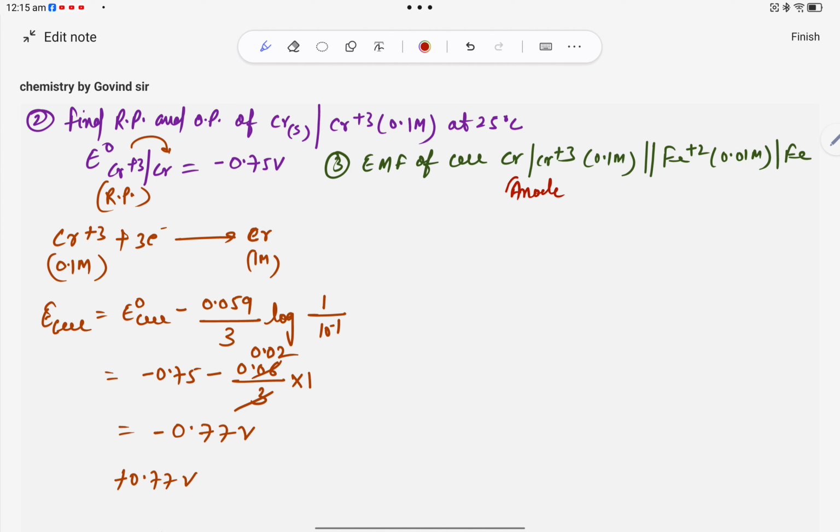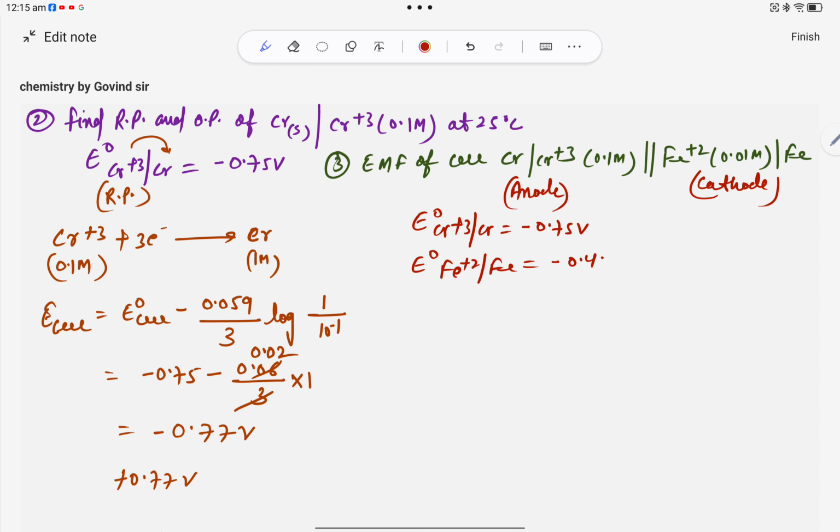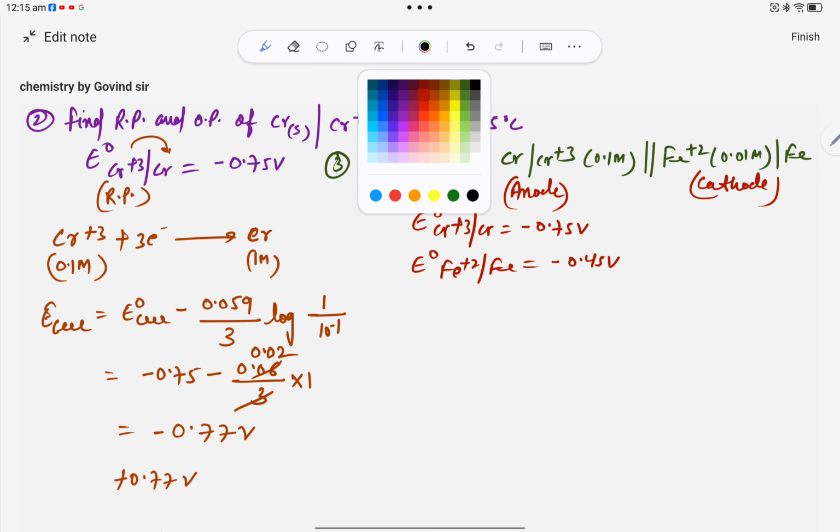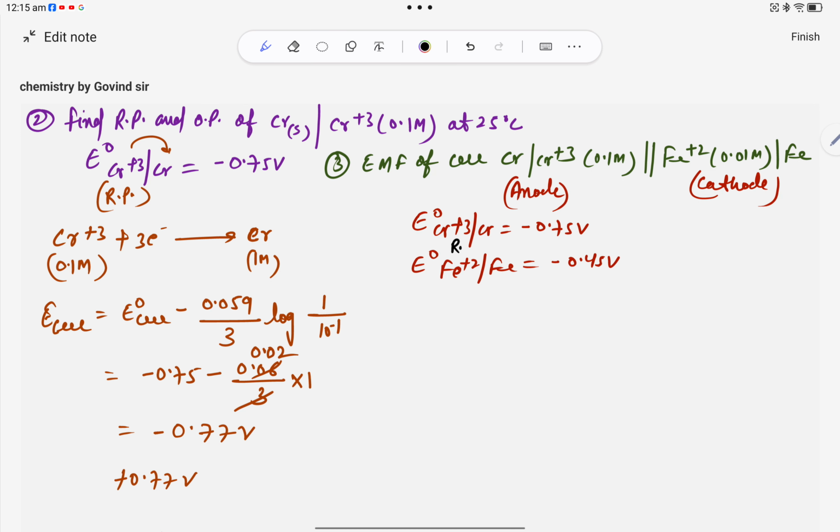So this is your anode and this is your cathode. Remaining value is given: E naught chromium plus 3 to chromium is minus 0.75 volt, and E naught Fe plus 2 to Fe is minus 0.45 volt, and both are reduction potentials. Both are reduction potentials given, then no need to take any tension.